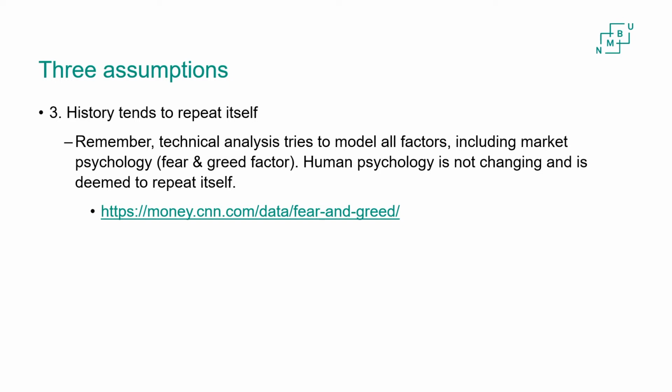And to forecast human behavior is really difficult on the individual level. But if you look at the aggregate level, human psychology is actually quite forecastable. And this is why we assume that technical analysis actually works.